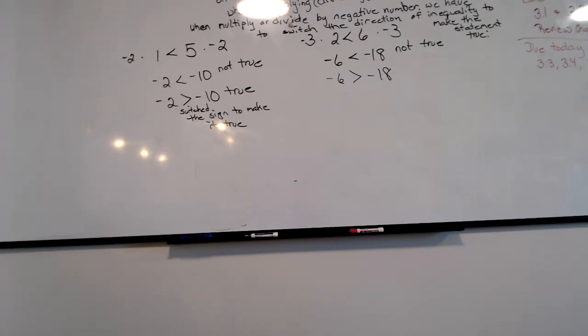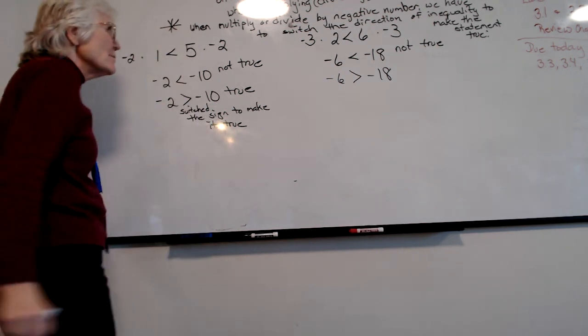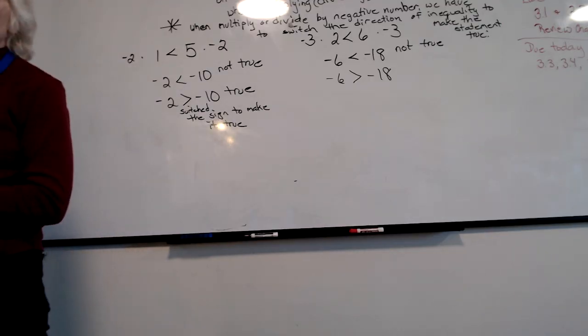But other than that, we solve inequality statements just like equations. But if we multiply or divide by a negative number, we have to switch the sign. So this is the big, important memory thing when we're dealing with inequalities and solving them.